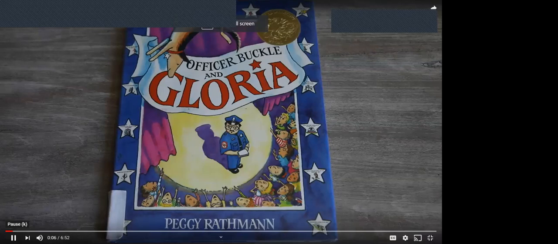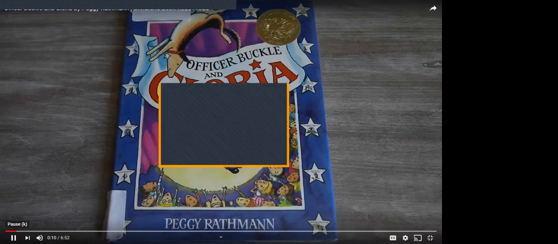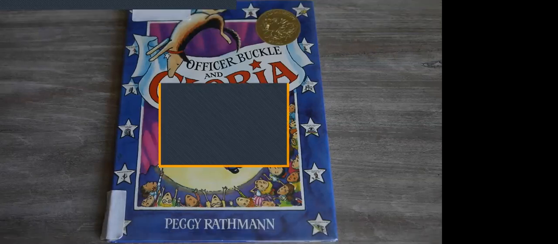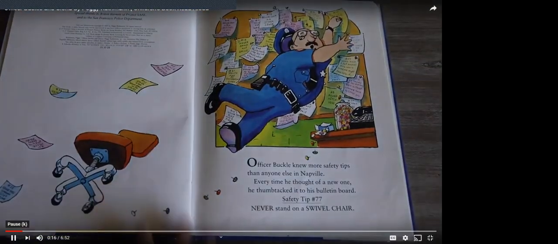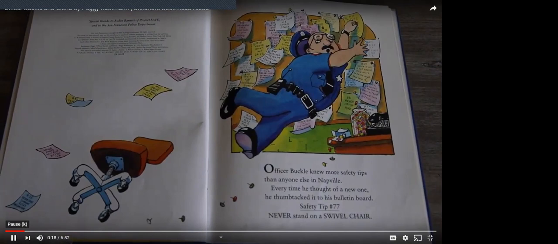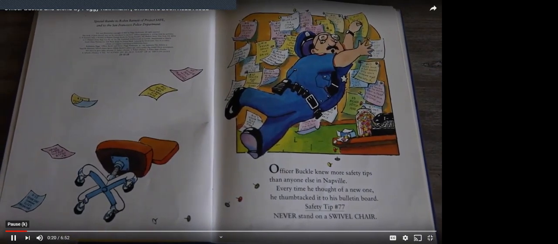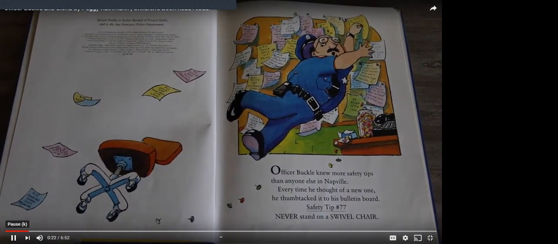Officer Buckle and Gloria by Peggy Rathman. Officer Buckle knew more about safety tips than anyone else in Knappville. Every time he thought of a new one, he thumbtacked it to his bulletin board.